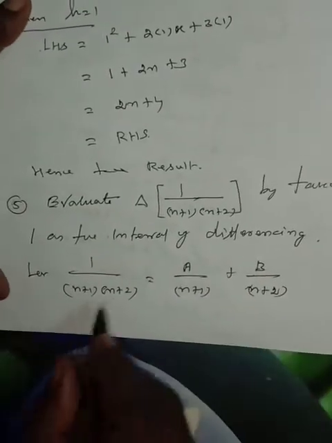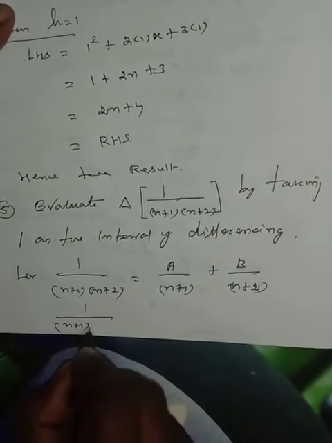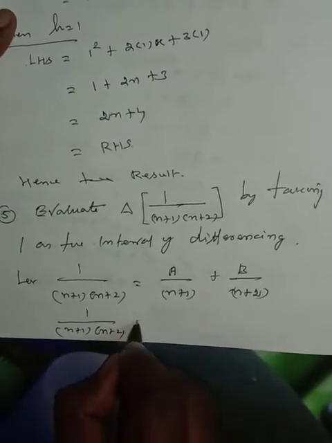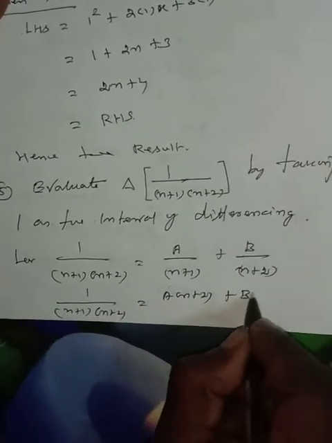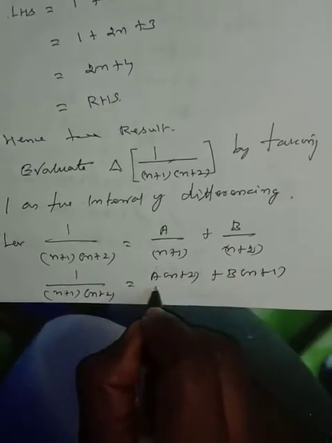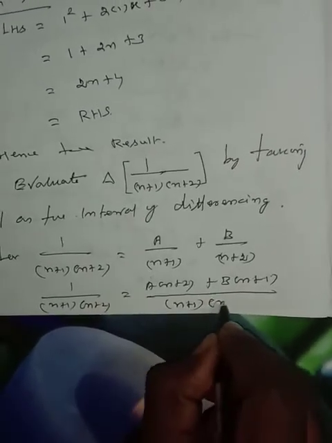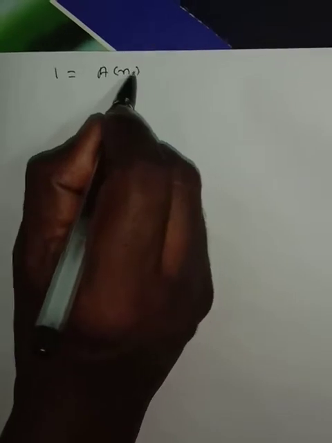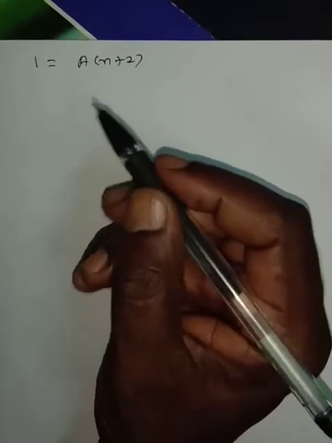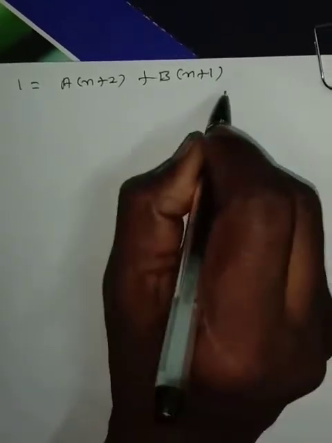Now cross multiplying, 1 by x plus 1 into x plus 2 is equal to a into x plus 2 plus b into x plus 1 whole divided by x plus 1 into x plus 2. Denominators are same. Therefore, 1 is equal to a into x plus 2 plus b into x plus 1. Number this as 1.